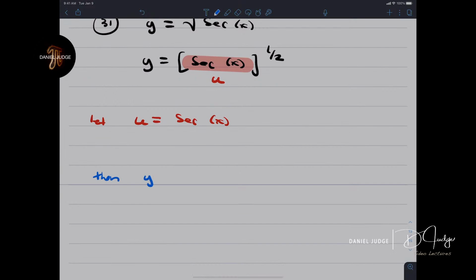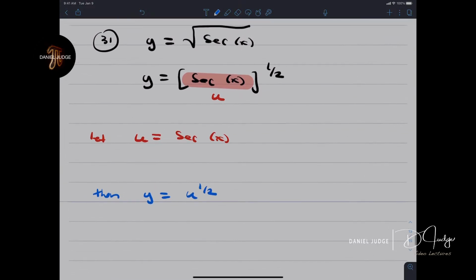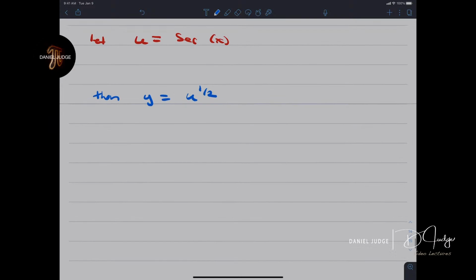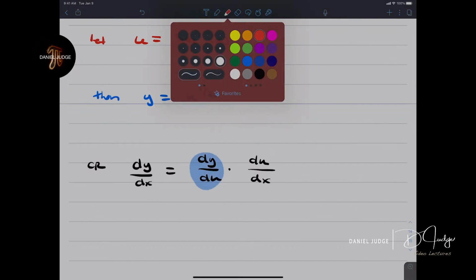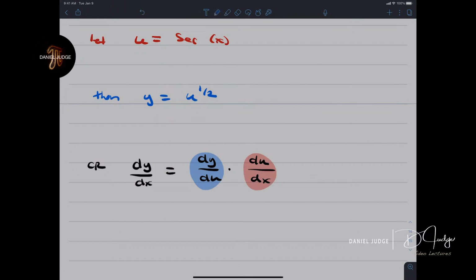Then y becomes u to the 1/2. Chain rule. We need in blue again, dy du. We need in red, du dx.